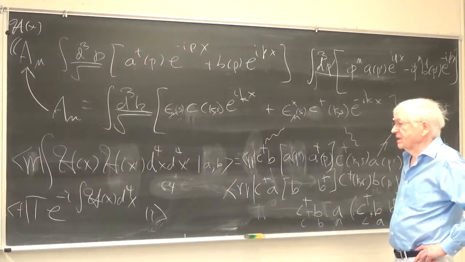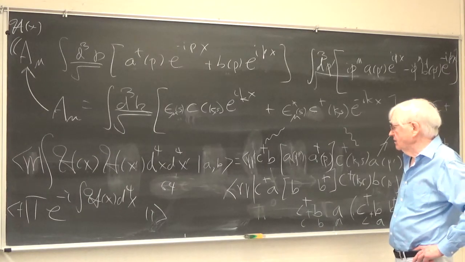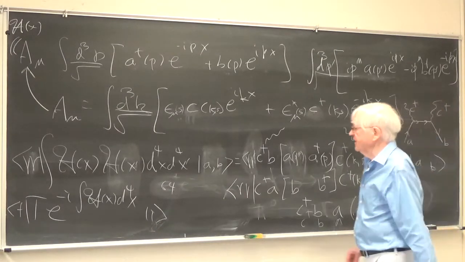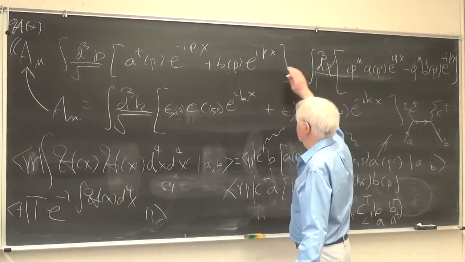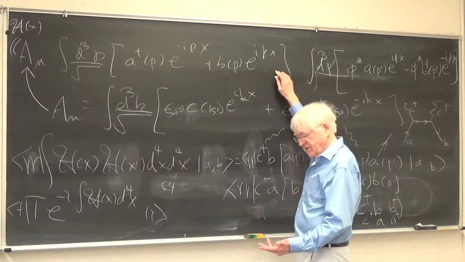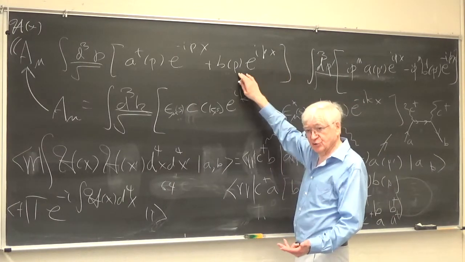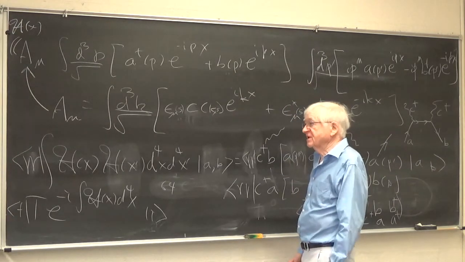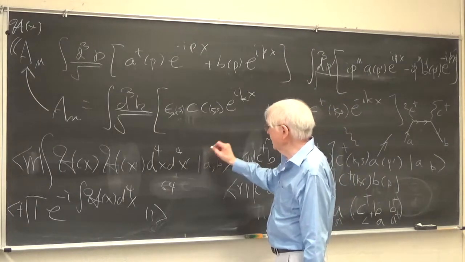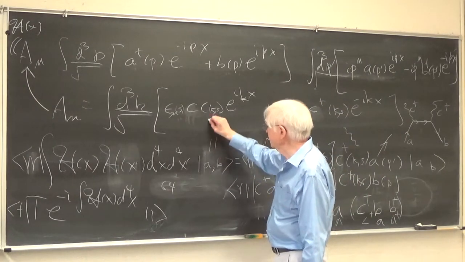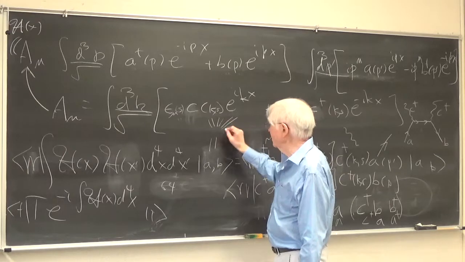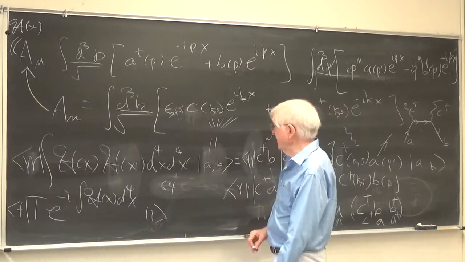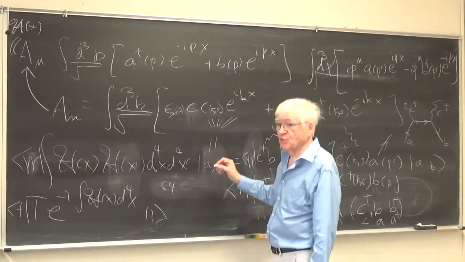But many of them are ones where you could have picked 2 creation operators from the first vertex and 2 creation operators from the second vertex, and then that would have given you a process where you had 2 particles in and 6 particles out, just counting fermions, and then you could do what you want with the photons.